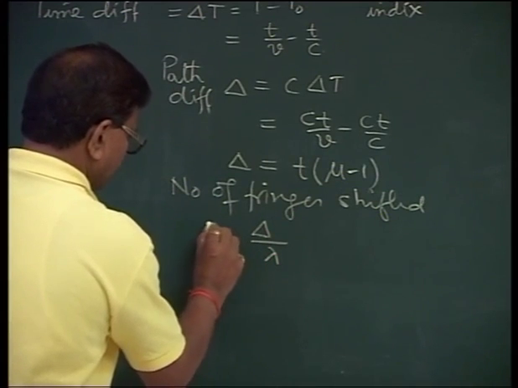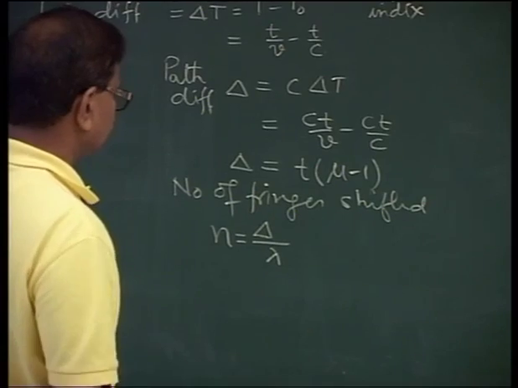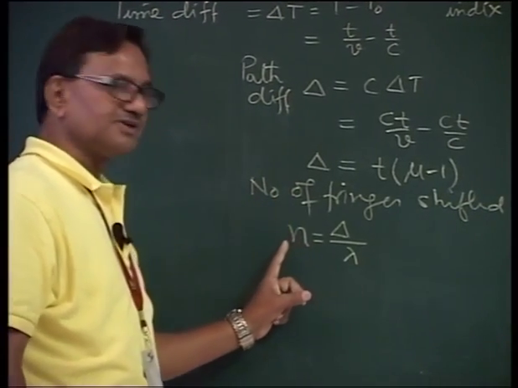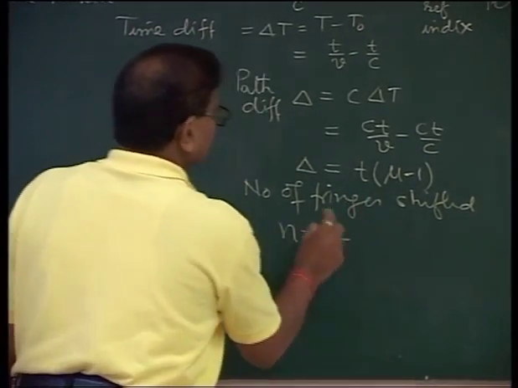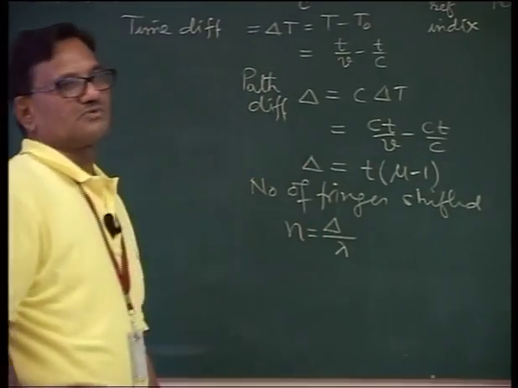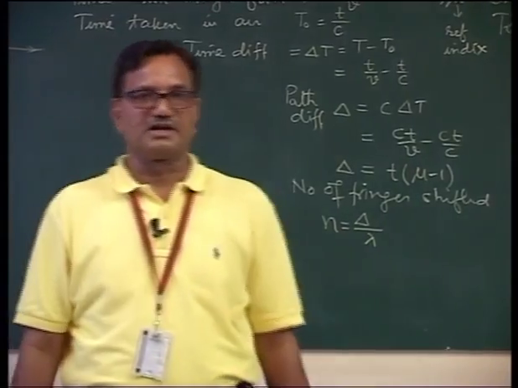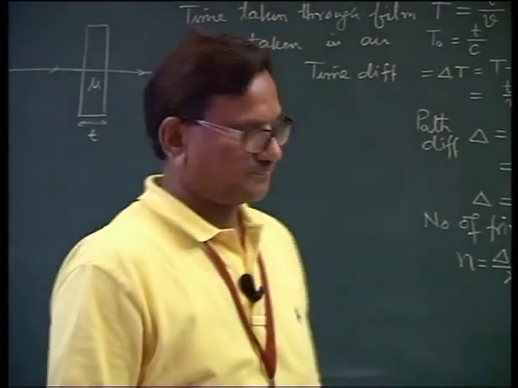This is equal to, say, the number of fringes shifted, n. Since the number of fringes shifted is known to us, we can calculate the thickness of the film, or alternately we can measure the refractive index of the film.